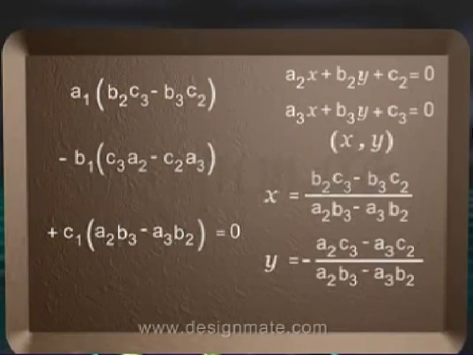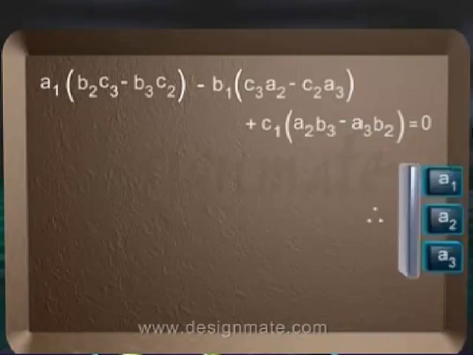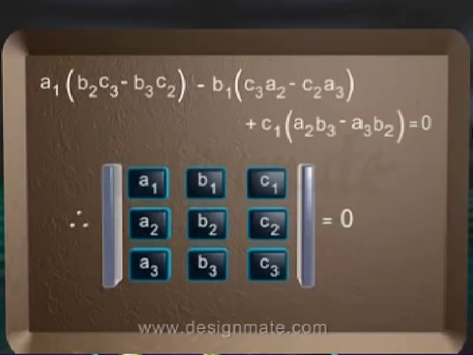Therefore, a1(b2c3 minus b3c2) minus b1(c3a2 minus c2a3) plus c1(a2b3 minus a3b2) is equal to 0. Therefore, the determinant of a1, b1, c1, a2, b2, c2, a3, b3 and c3 is equal to 0. This proves that the conditions are necessary.